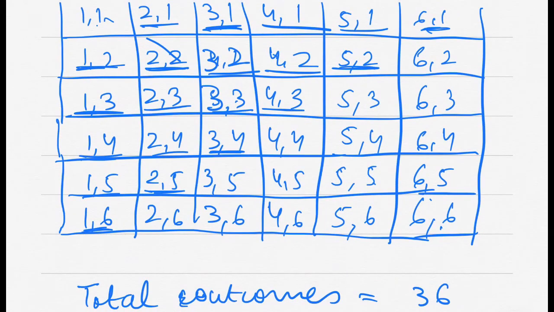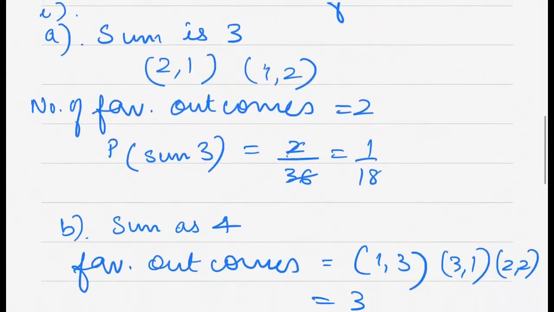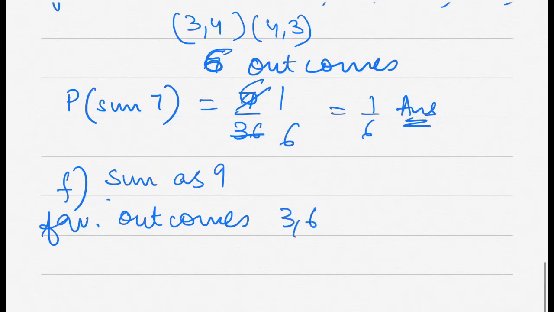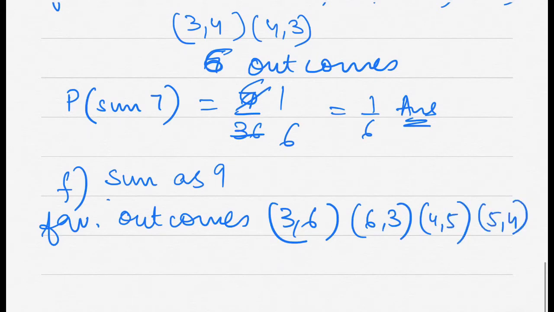So 9 will be 5 and 4, 4 and 5, 6 and 3, and 3 and 6. Like that I can remember. So 3 6, 6 3, 4 5, and 5 4. Correct. So these are the favorable outcomes.